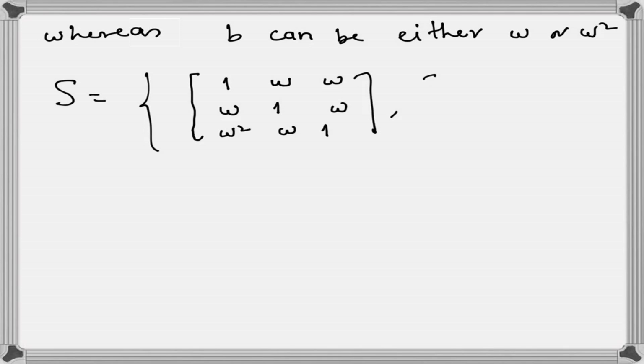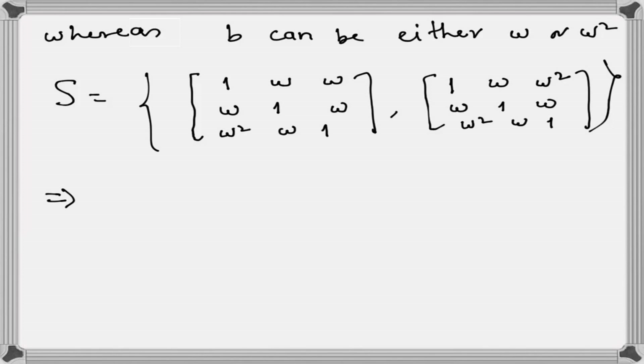Another is when B is replaced by W square, giving [1 W W square; W 1 W; W square W 1]. So these are the possible matrices. This means S can have only 2 matrices.